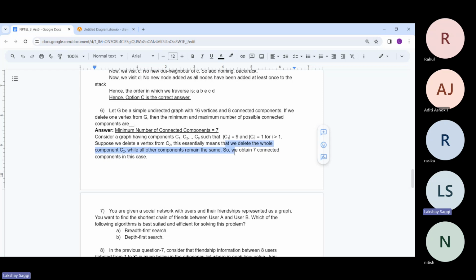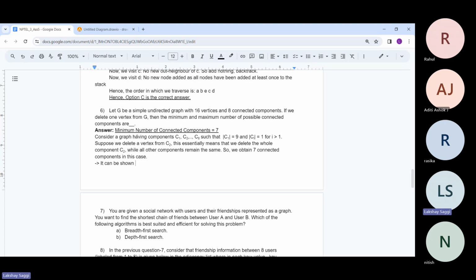So essentially we have given an example where we obtain 7 connected components, but we also have to prove that this will be the minimum possible. And proving this is not too difficult.